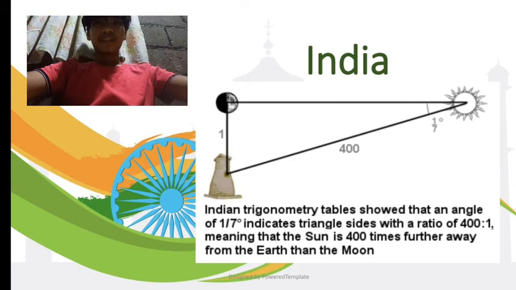Indian trigonometry tables showed that an angle of 1/7 degrees indicates a triangle with sides in a ratio of 400:1, meaning that the Sun is 400 times further away from the Earth than the Moon.